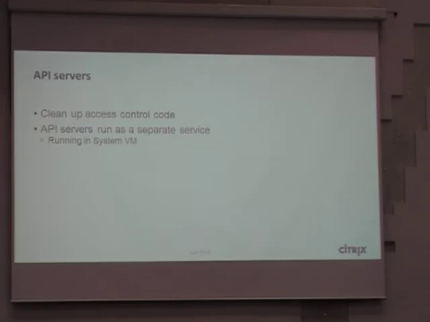But if we move the API servers out, we're essentially moving the API server workload from that one management server to 10,000 computing nodes. It can now run on any one of these 10,000 computing nodes as a virtual machine or as a group of virtual machines. Right? So that's going to make scalability much, much higher.